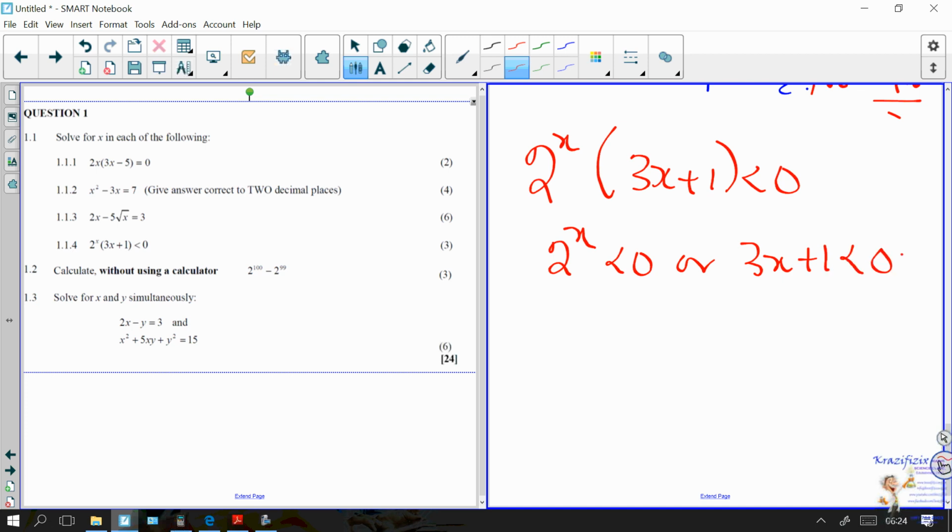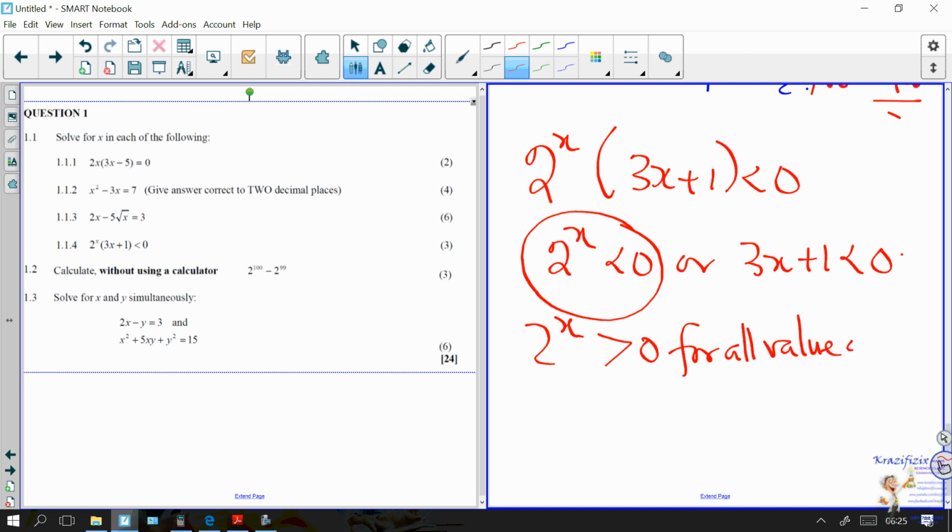All right, but one thing I know is this. If you look at this solution here, the exponent of a number will never be less than 0. We just did that now. It cannot be negative. So 2 to the power x has to be greater than 0 for all values of x. I hope it makes sense.